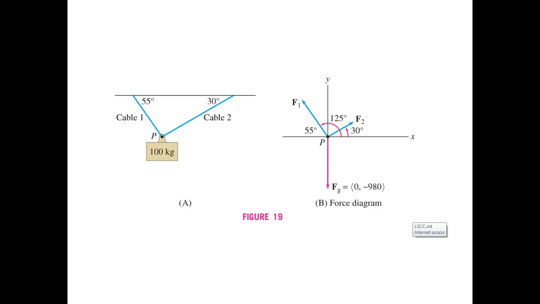Now, the x component of the forces, the book is calling these forces. Quite often in physics we call them tensions, which are forces, by the way. Force 1 and force 2 we usually call T1 and T2. So if this is T1 here, it's pulling in this direction. This is T2 in that direction.